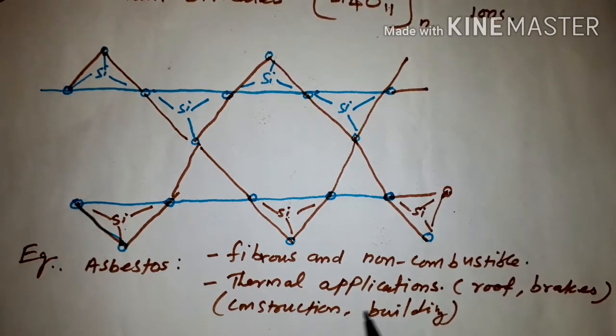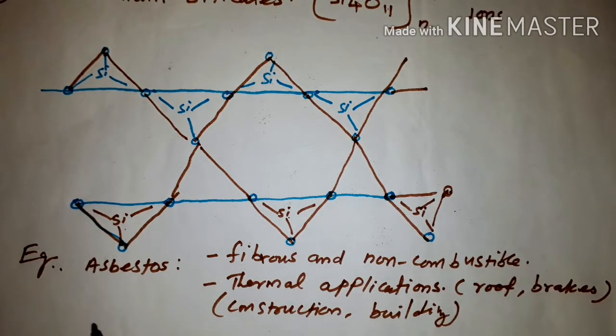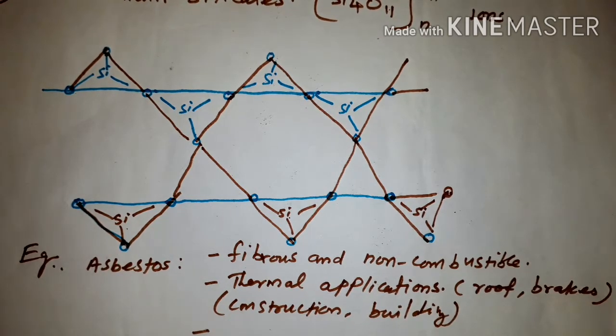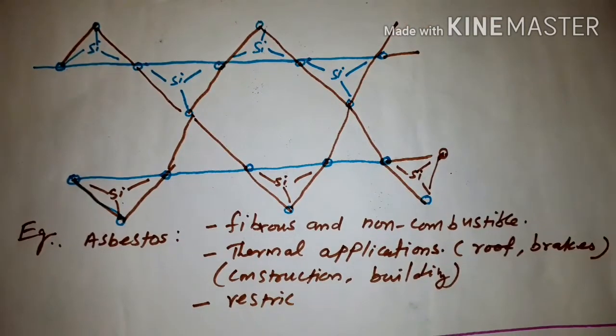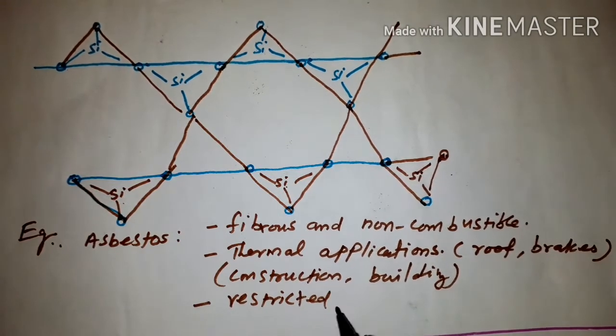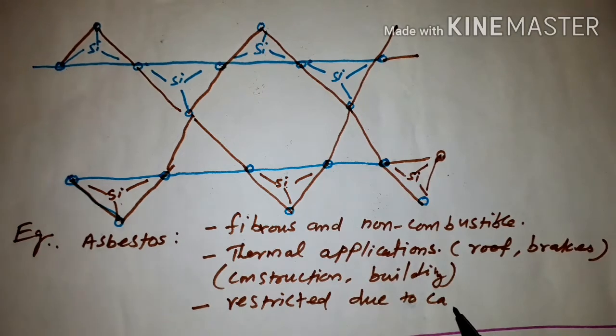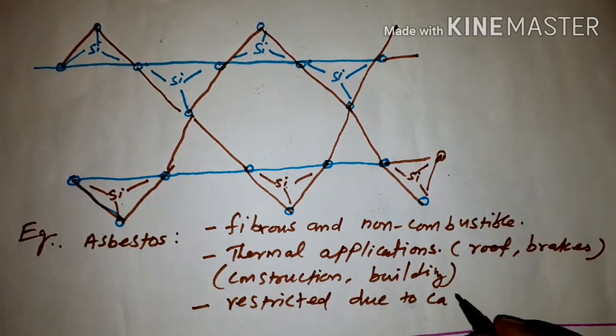So these are the thermal application purposes for which we are using asbestos. Also, these applications are restricted due to carcinogenic silicates.